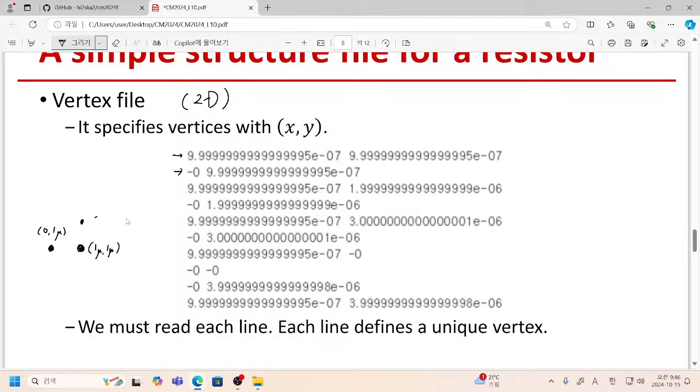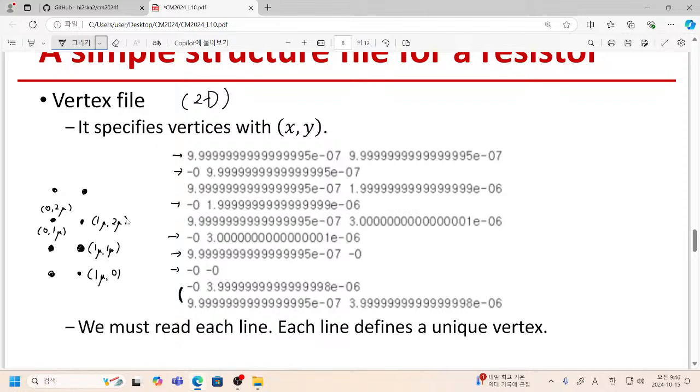So here we have 1 micrometer, 2 micrometer, and this corresponds to 0, 2 micrometer. Following that one, here we have 3, and yes, I have covered up to here. After that, we have 1 micrometer, 0. Here we have 1 micrometer, 0, and here we have the origin.